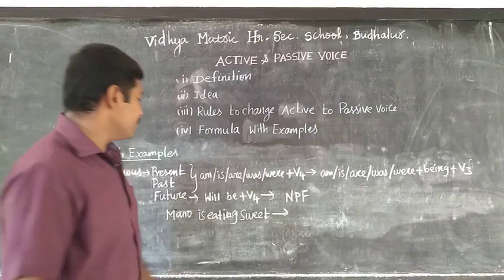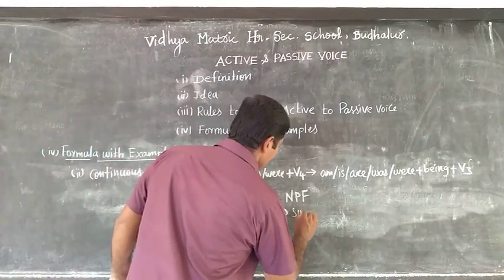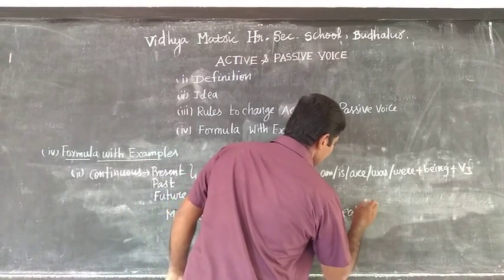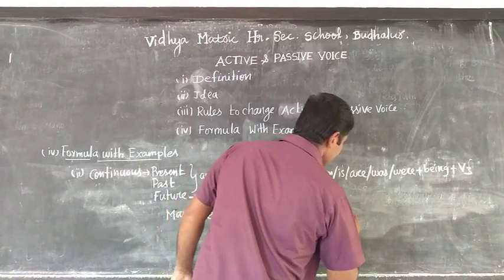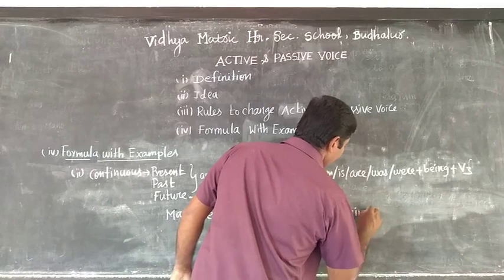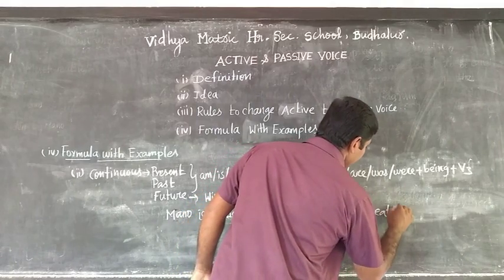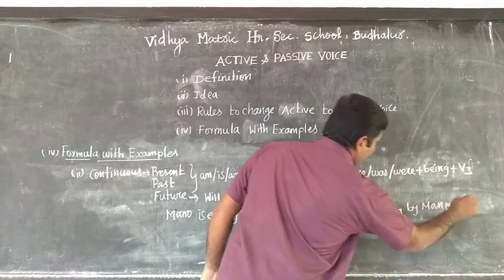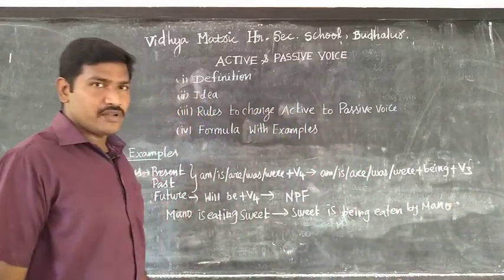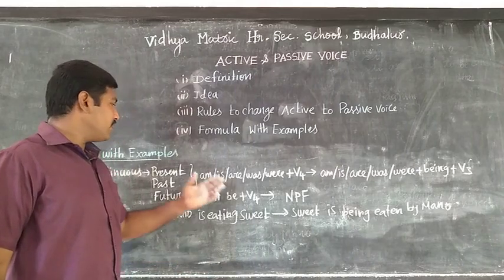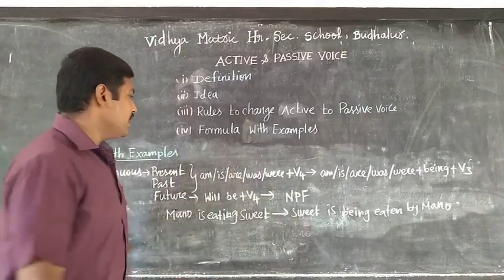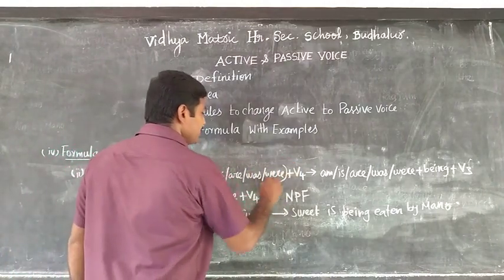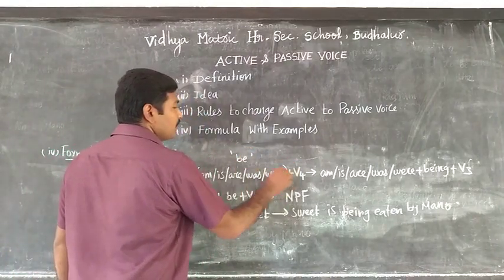Okay, Mano is eating sweet. It changes into: Sweet is being eaten by Mano. Okay, have you got any doubt? There is no doubt. I give you the formula very clearly. In present continuous tense, the formula is B form verb plus V4.